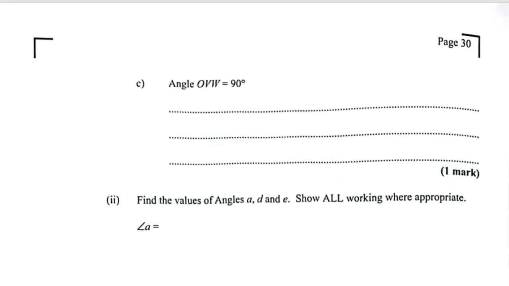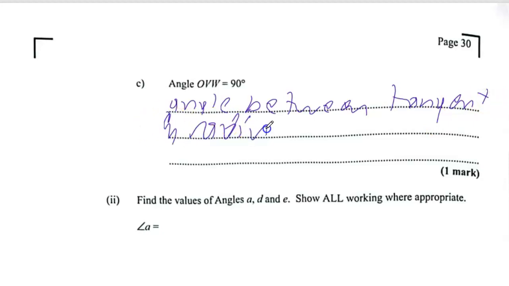So the theorem says the angle between the tangent and the radius is a right angle. A right angle is 90 degrees, right?